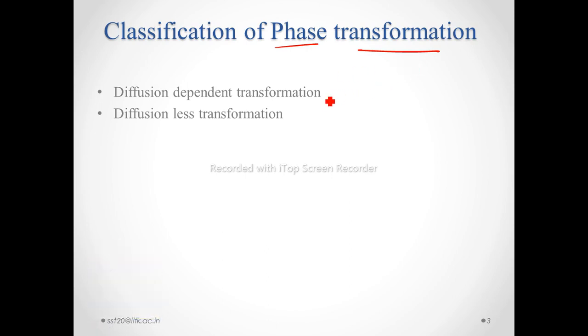In diffusion dependent transformation there are two categories: in one, after the transformation there is no change in composition, whereas in the other there is a change in the composition.